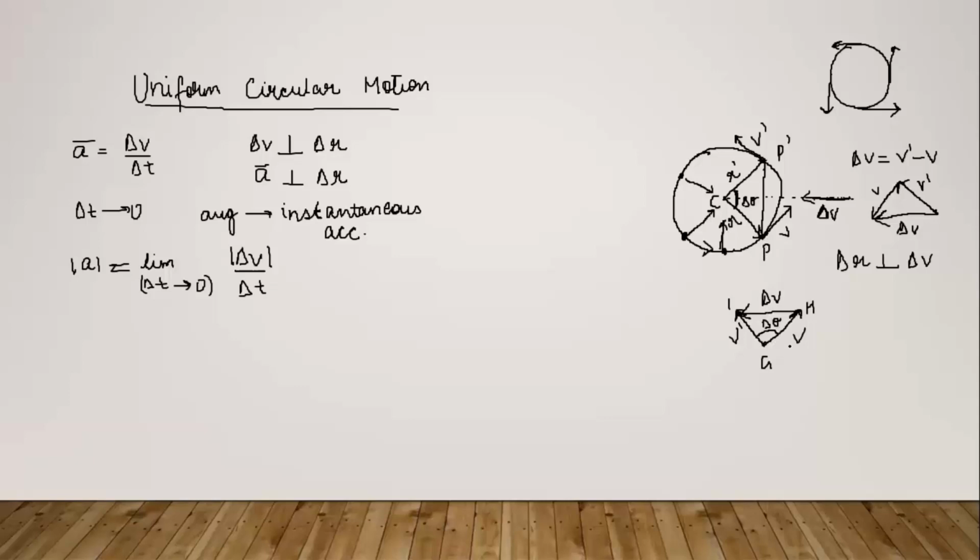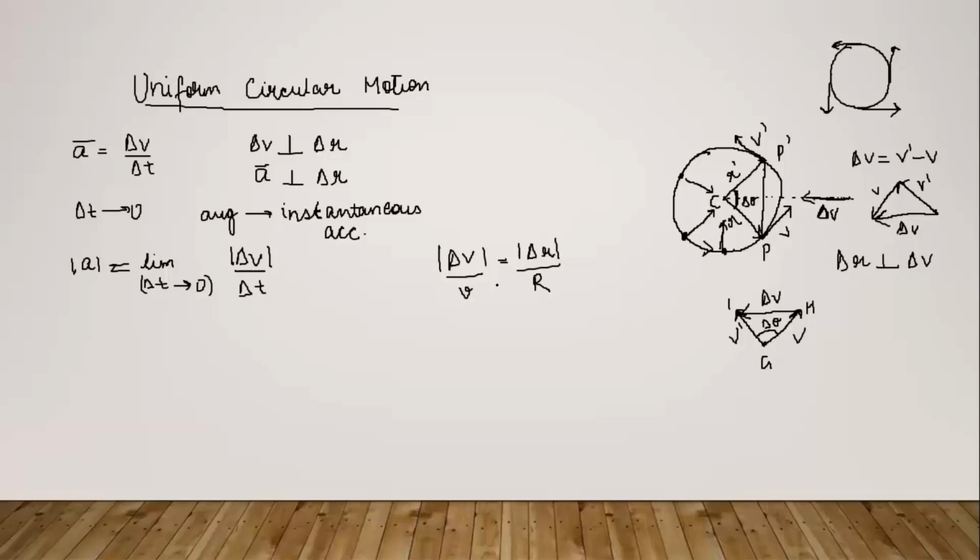We have studied the properties of similar triangles, so using them we can write delta v by v is delta r by capital R. Here v is the magnitude of the velocity and R is the magnitude of the position vector, that is, the radius of the circle.